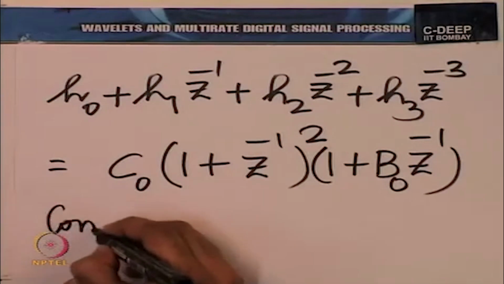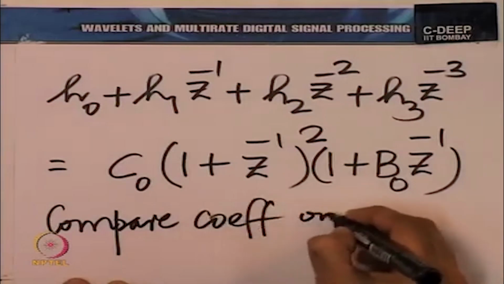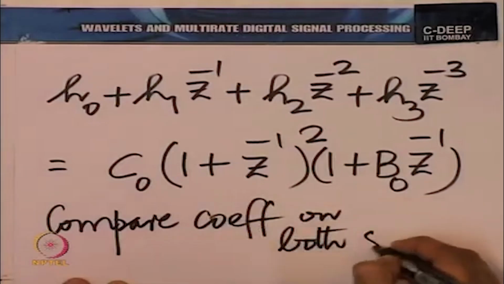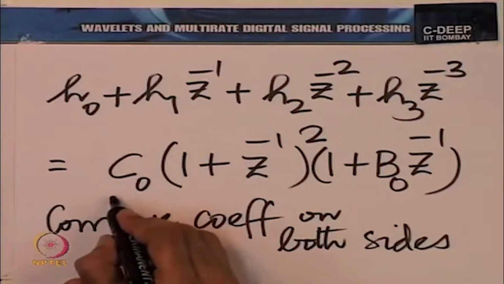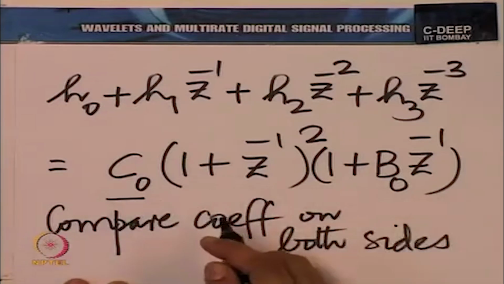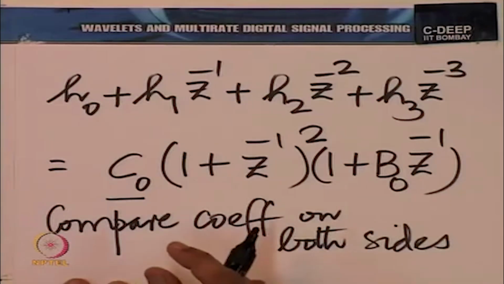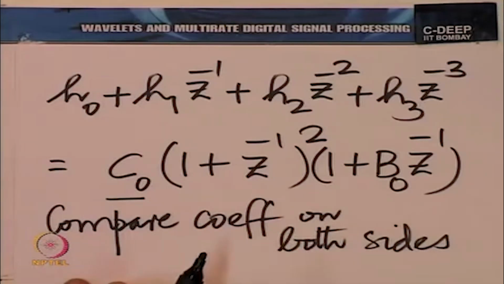And we need to compare coefficients on both sides. Now, the constant C 0 does not affect orthogonality. So, we shall just focus on the rest of the expression, because we first need to satisfy the requirement of orthogonality to even shifts, and from there we need to determine the constant C 0. We will see later what helps us determine C 0.